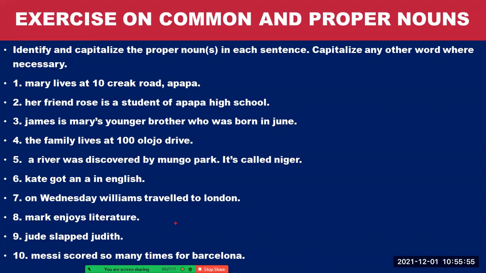Welcome back. Let's look at the questions. Identify and capitalize the proper noun or nouns in each sentence. Capitalize any other word where necessary. Number 1, Mary lives at 10 Creek Road, Apapa. Now we begin with Mary.